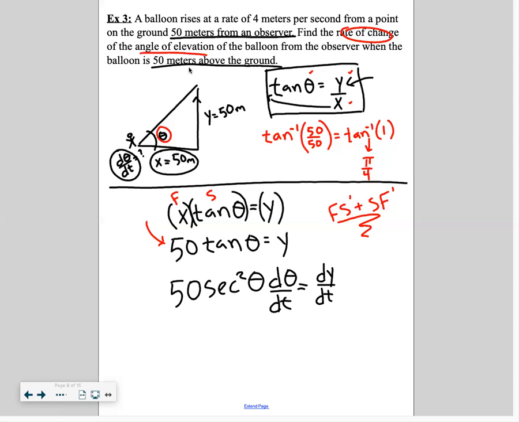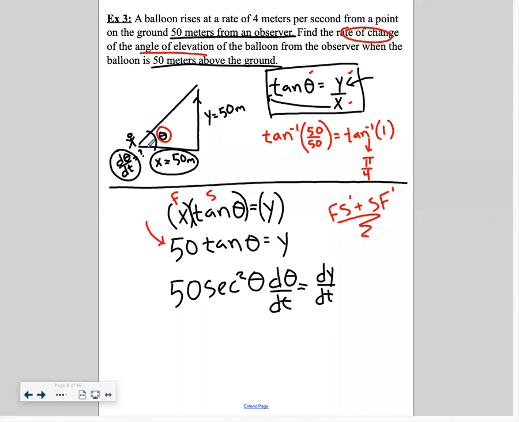Good question. Why is y also not 50 for the equation? It's because your observer is not changing distance.